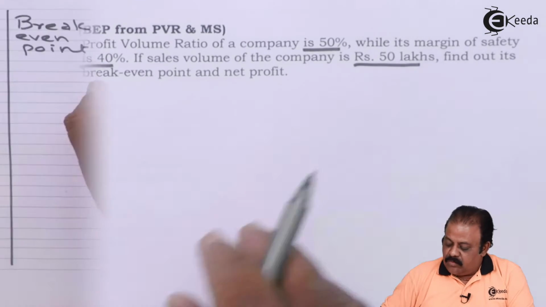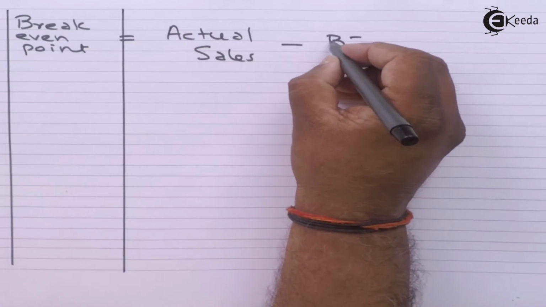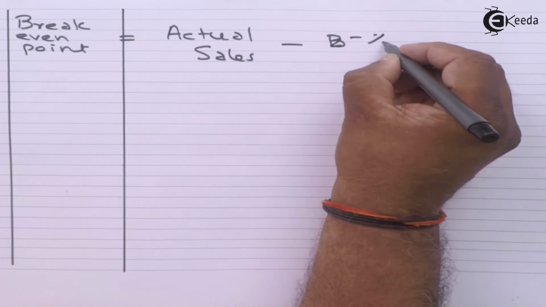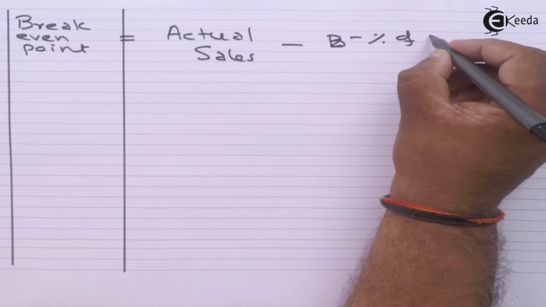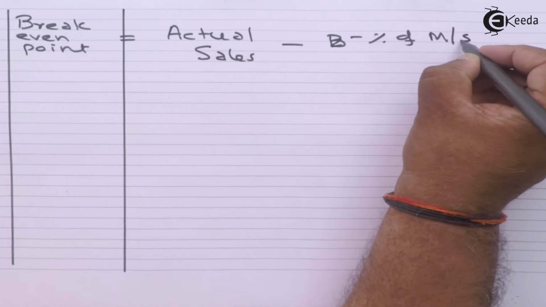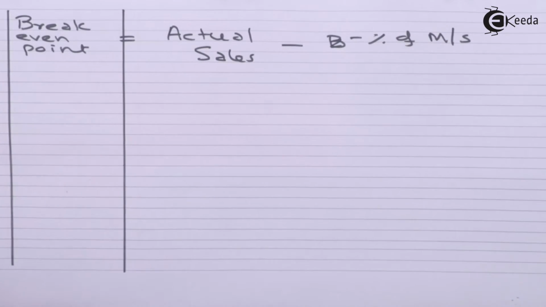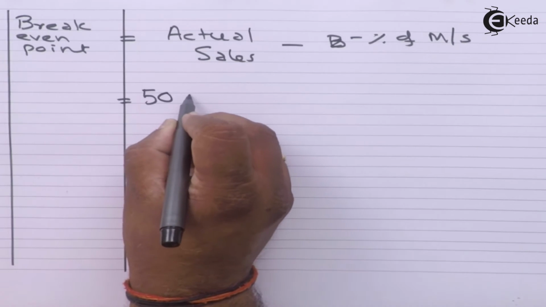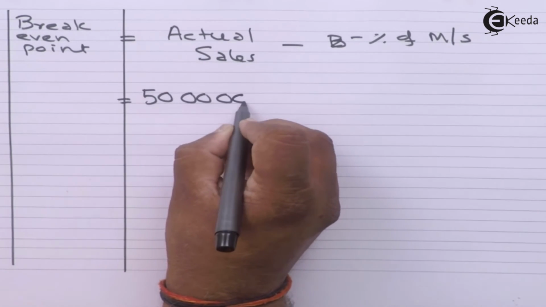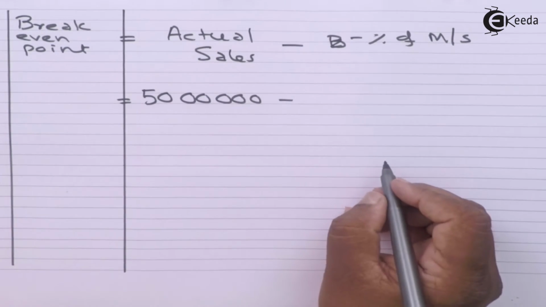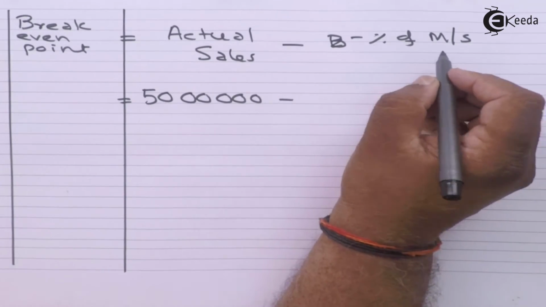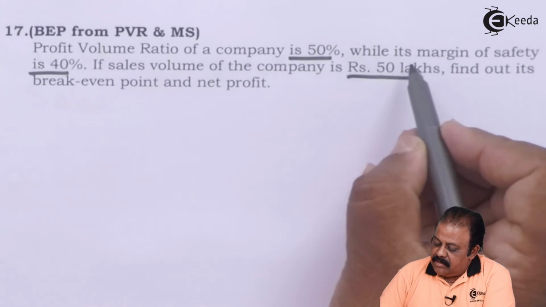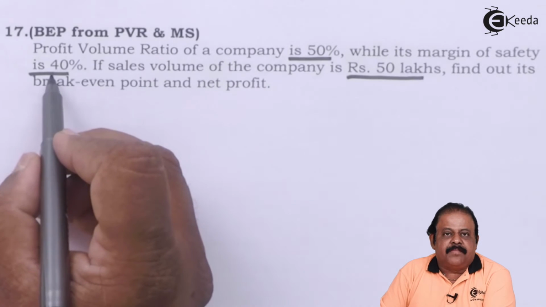Let us proceed now. Break-even point is equal to actual sales minus percentage of margin of safety in relation to actual sales. Here we have actual sales 50 lakhs, percentage of margin of safety they have given, while its margin of safety is 40%.